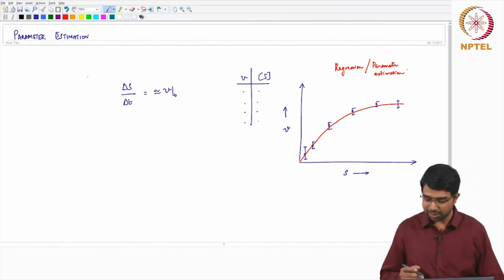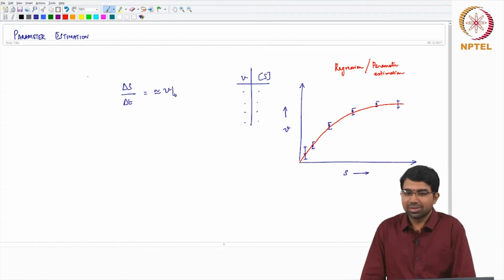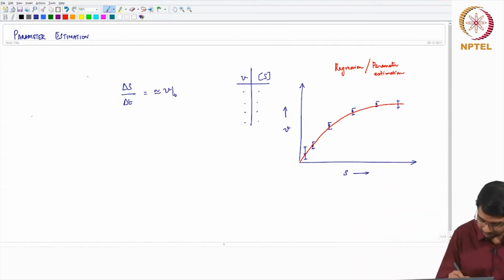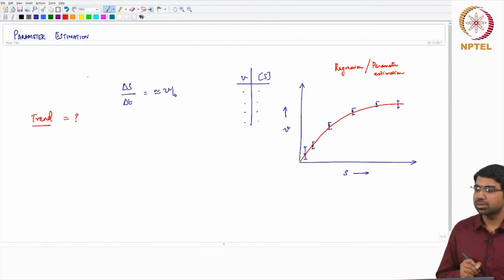But what is it that you really want to optimize here? So let us look at this very example. What is a good curve? This can become a very interesting question, and this is still an open question. It might sound simple and trivial, but what really is a good curve? So let us say I agree with the trend. What does it mean by trend?